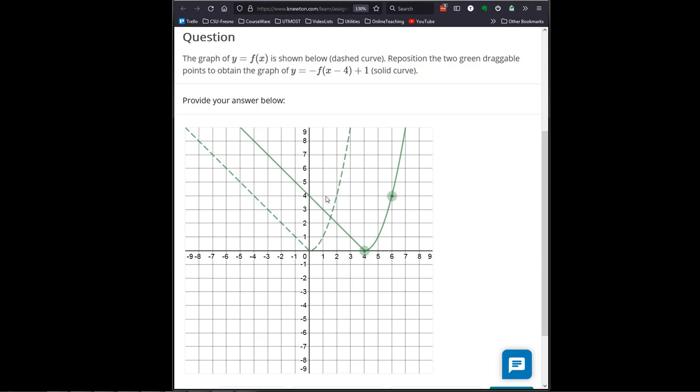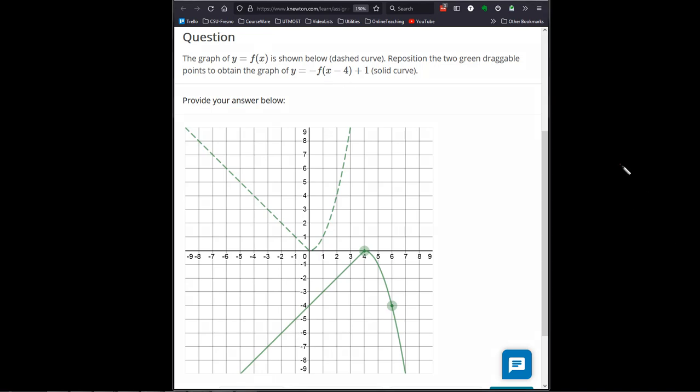This point right here used to be a positive 4, and now it's going to go to -4 because it got flipped. So things that have y coordinate 4 are going to turn into y coordinate -4, and the x coordinate didn't change. The x coordinate was 6 if I did it right, and it remained at 6.